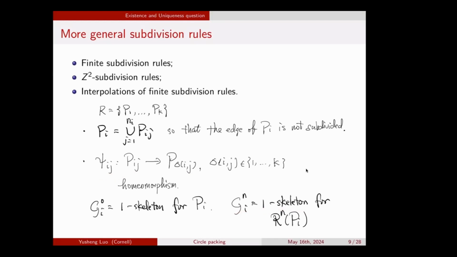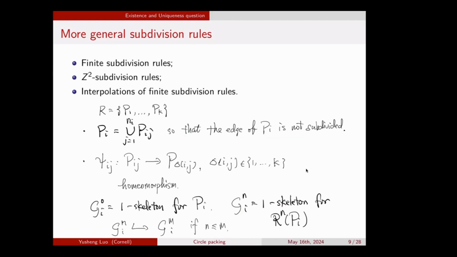And since the edge is not subdivided, we have a natural embedding of G n of I into G m of I if n is less than or equal to m. Right, so this is why we will only want to consider the case where these edges are not subdivided.